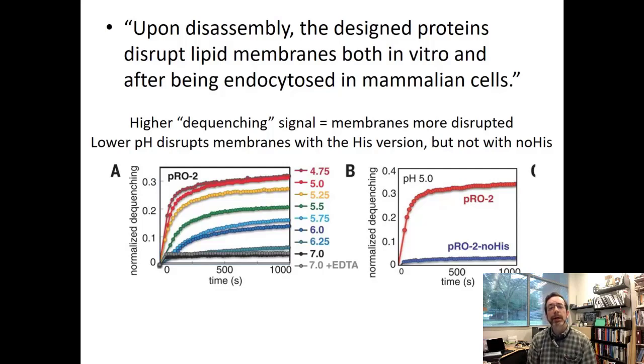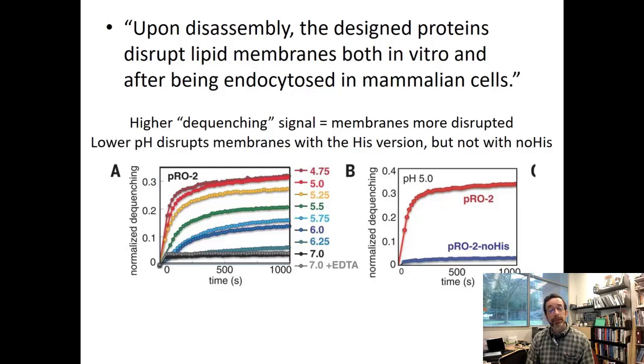Basically, this is how leaky is the membrane. The more leaky the membrane, the higher the signal. And so you see right here, the red lines are lower pH with more protons around. The more protons you have around, the higher that red line. And the red lines show that at lower pHs, the membranes are suddenly leaking all over the place.